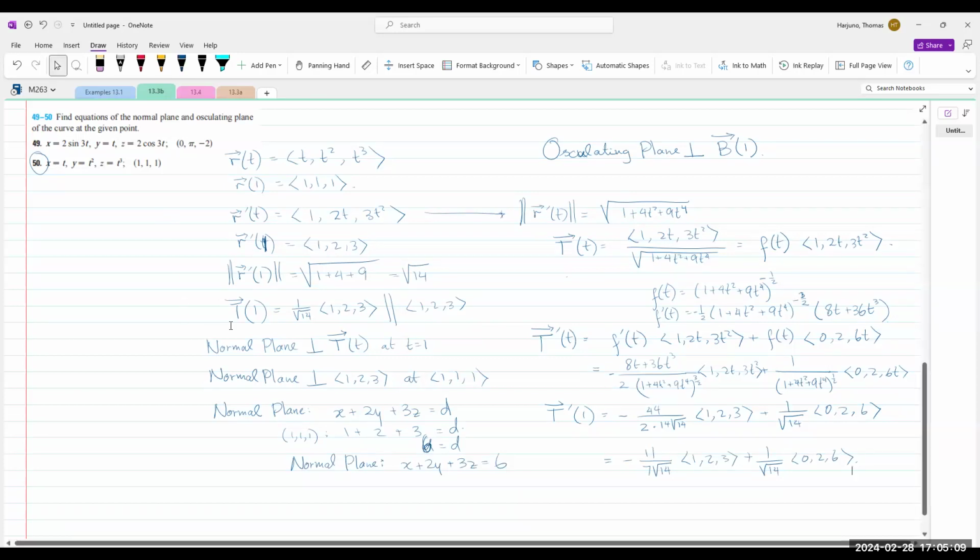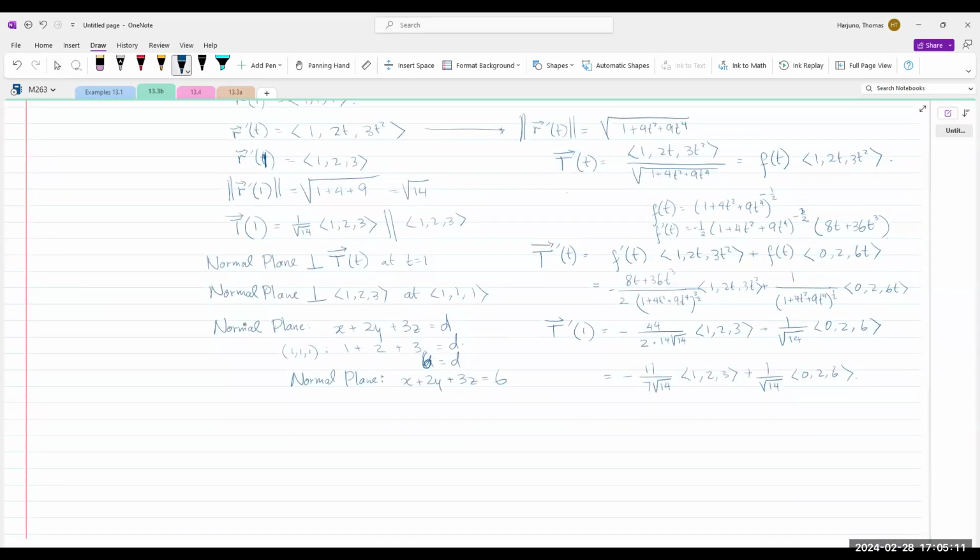It's kind of nasty, huh? Okay, hold on. So this is equal to, if I put things together, let me factor that 1 over square root of 14 out. So inside I have negative 11 over 7 plus 0, and then negative 22 over 7 plus 14 over 7, and then negative 33 over 7 plus 42 over 7.